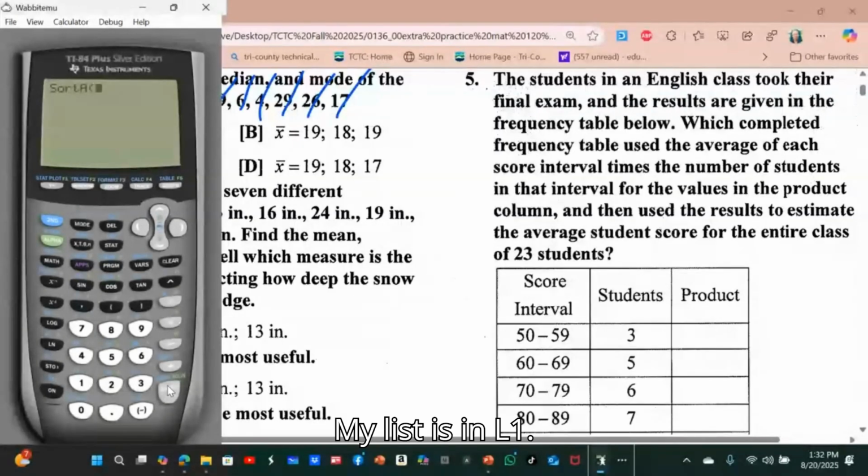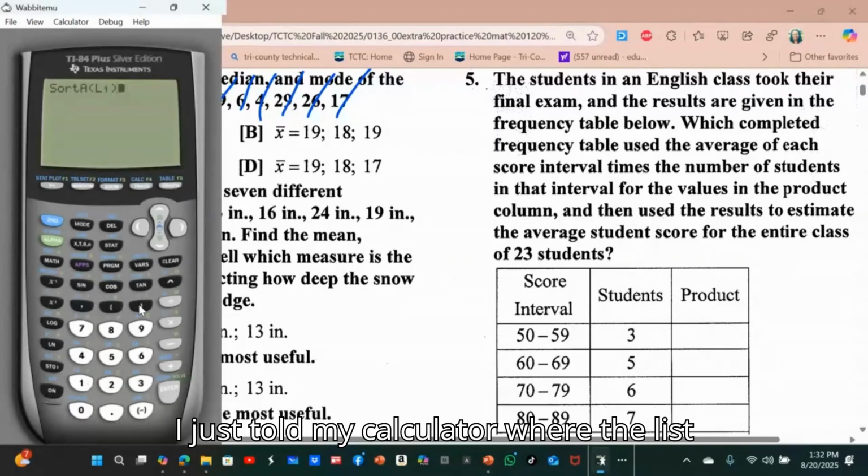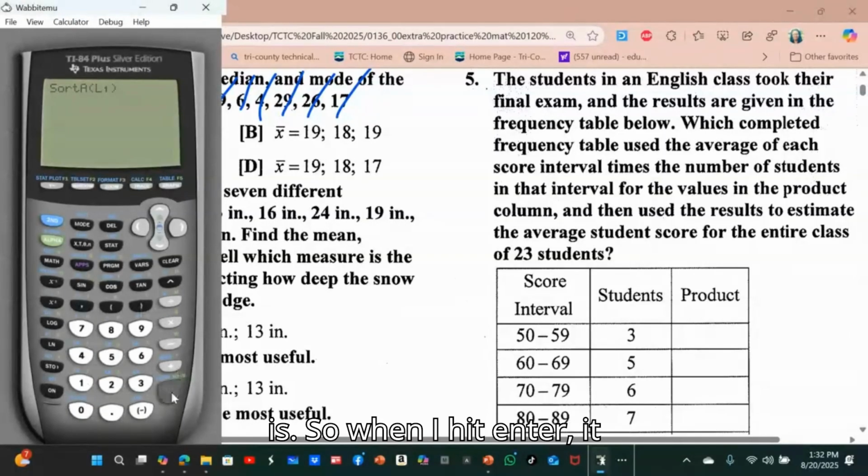My list is in L1. By the way, there are 6 lists in this calculator, but I'm using L1 right now. So I do second L1. So I just told my calculator where the list is. So when I hit enter, it tells me done, that it has sorted the data.